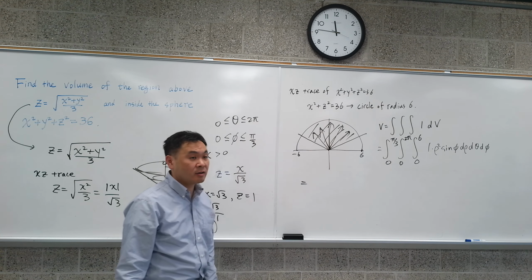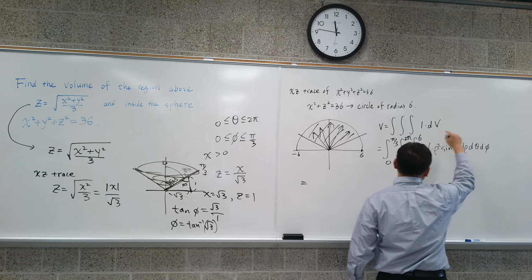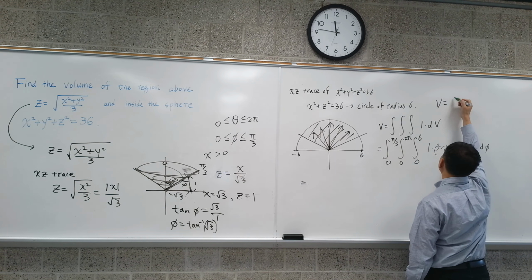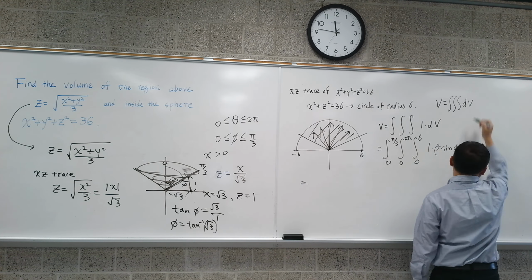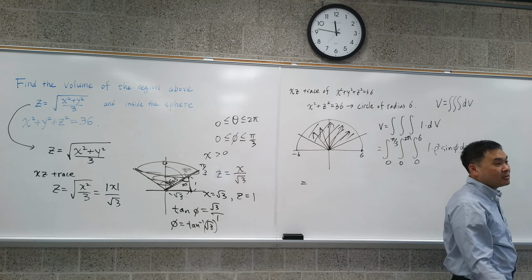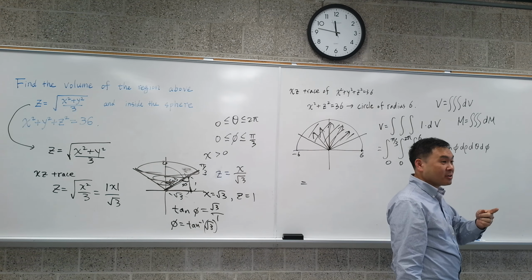So to get the volume, what I'm trying to say is that V is the sum of small parts of V. Mass is the sum of small parts of mass. And later on, you're going to learn that there are other quantities that are additive like this. Some of you are taking physics 2 right now, and you've learned flux, right?